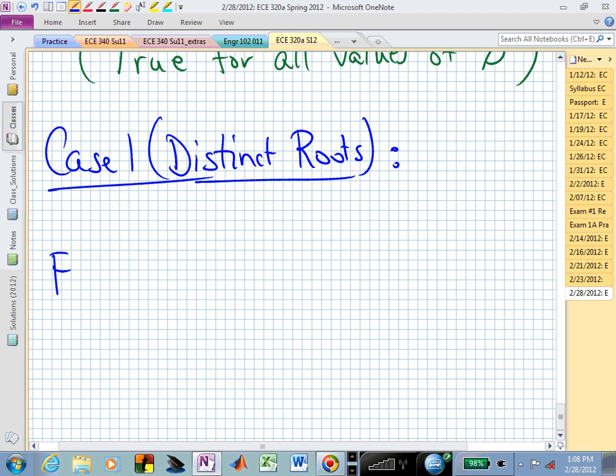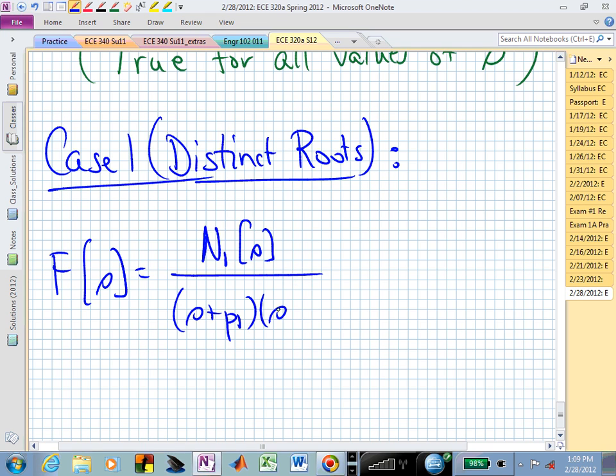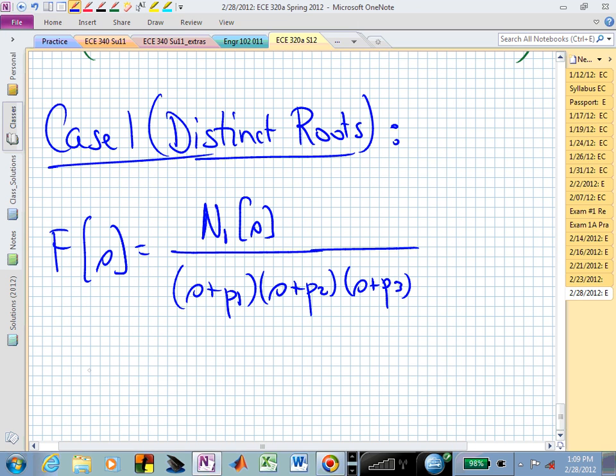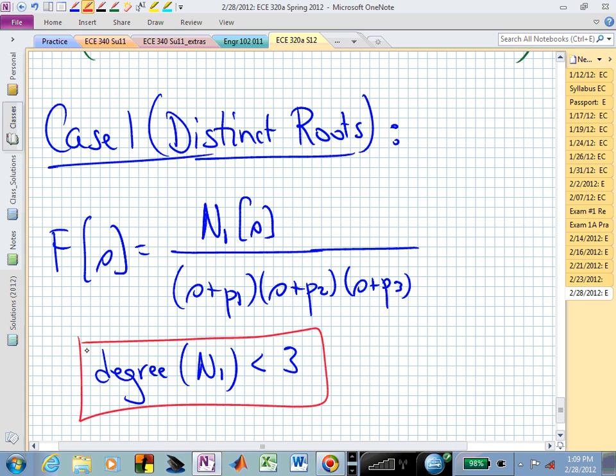Capital F of s, let's say, is now this N sub 1 of s over s plus p1, s plus p sub 2, and s plus p sub 3. And we are already assuming that the degree of N sub 1 is less than 3 for this example. This is a proper transform.